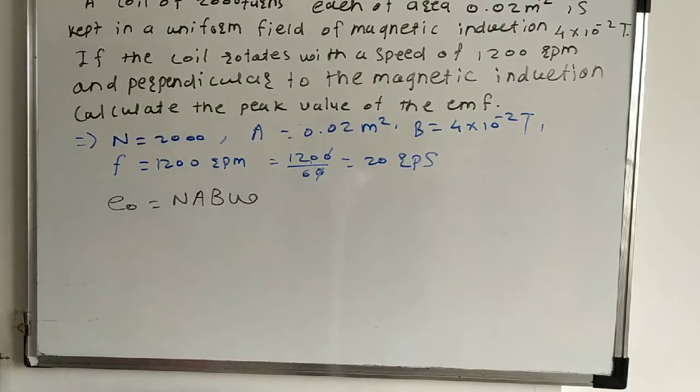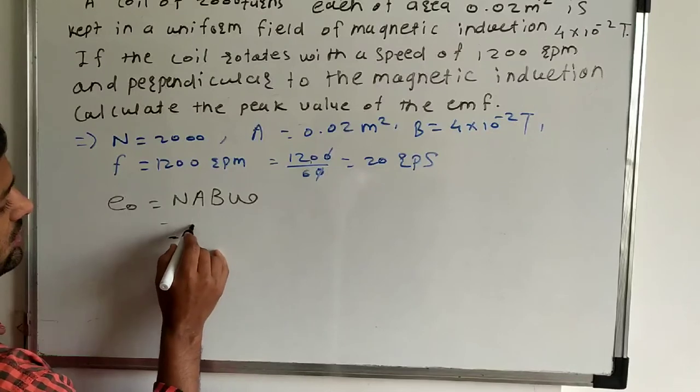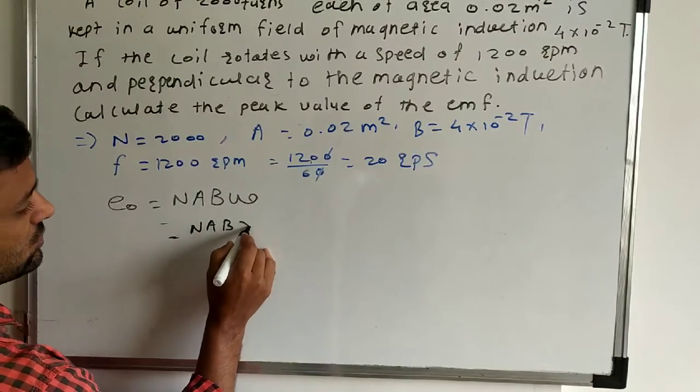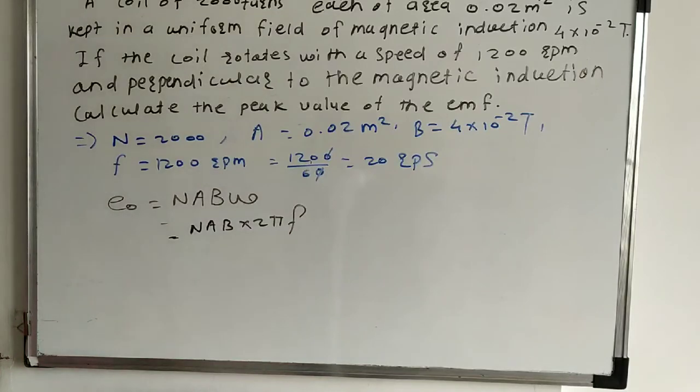What is the value of omega? We can write the formula for omega as 2 pi f. In the previous topic I have shown you how the value of omega becomes. Actually omega means 2 pi upon T, but 1 upon T is the frequency f. So we can write the formula NAB 2 pi f.